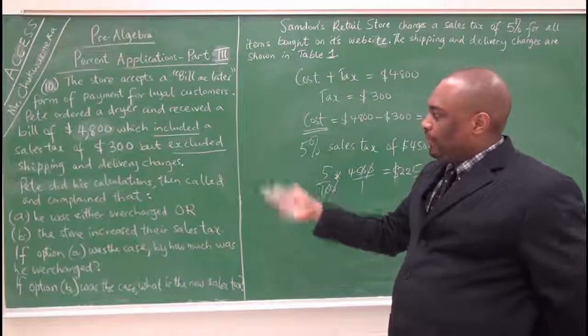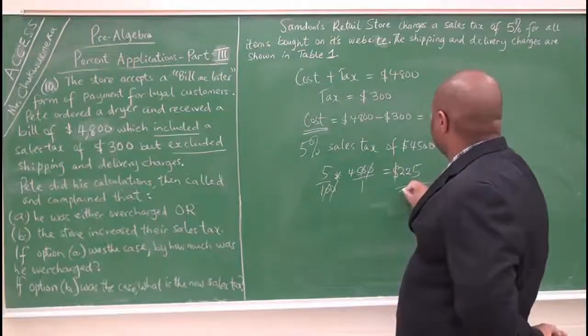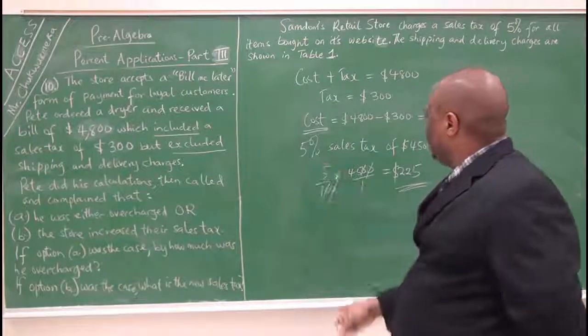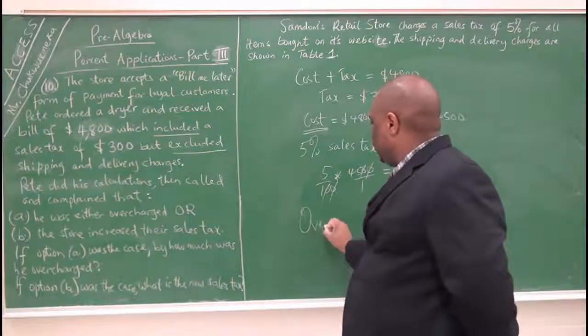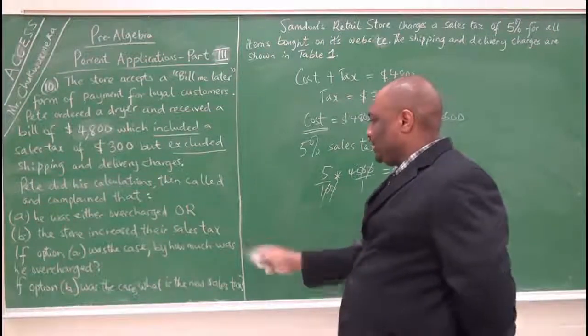But they charged him $300, right? This is the actual tax they were supposed to charge him, but they charged him $300. So by how much was he overcharged?